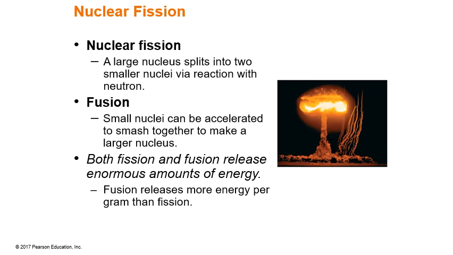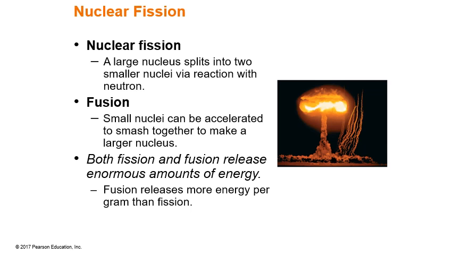The other way that we can gain energy is called fusion. Fusion, like we're fusing or gluing together, is when we take small nuclei and smash them together to make a nucleus that is larger. Both of these reactions release huge amounts of energy.